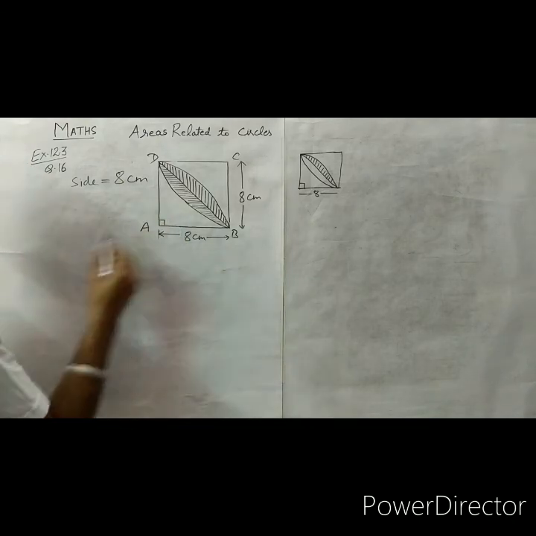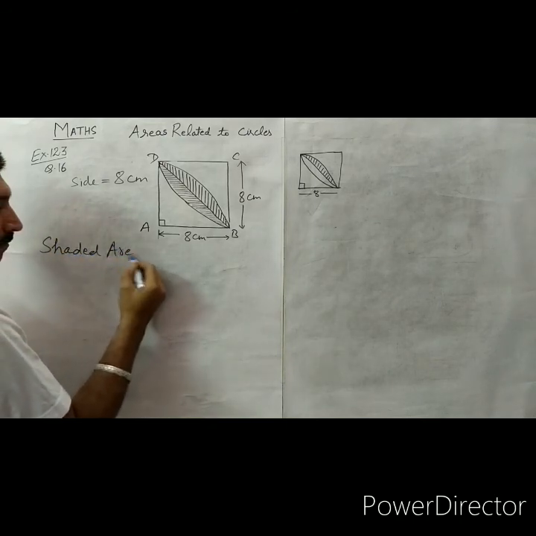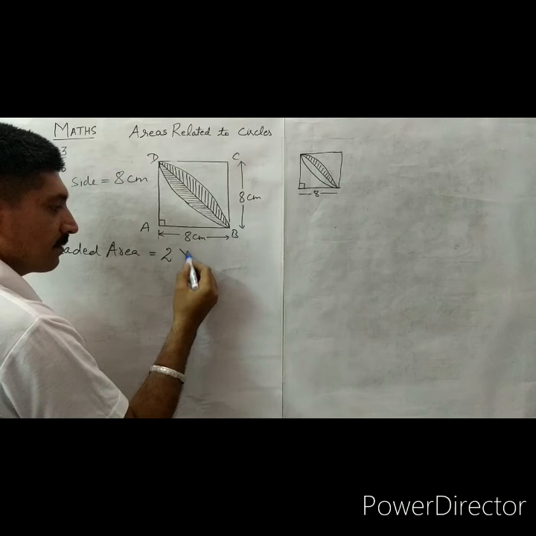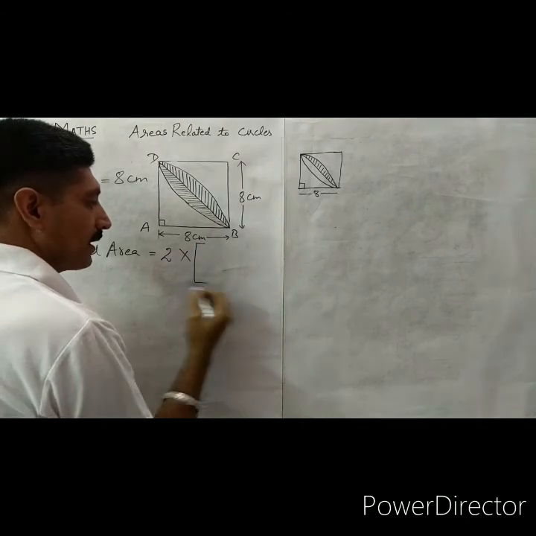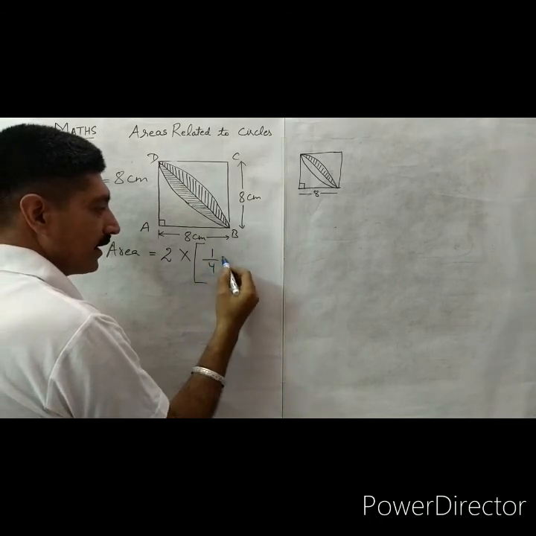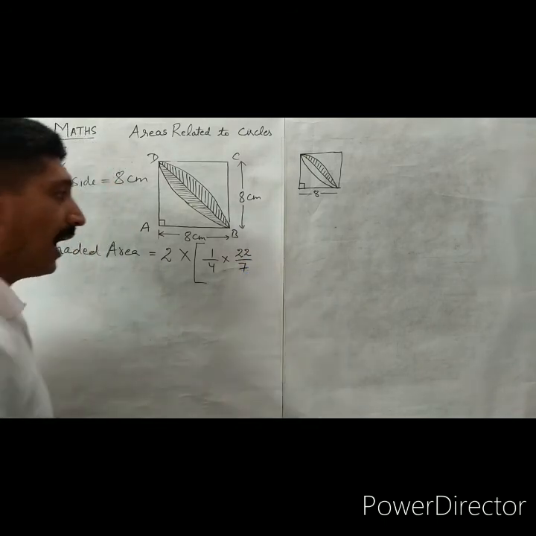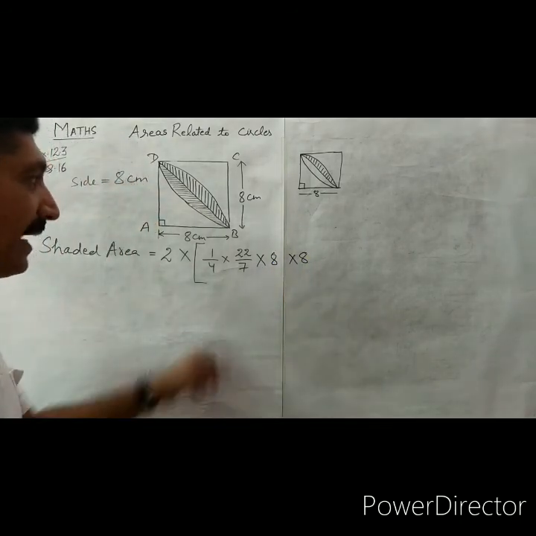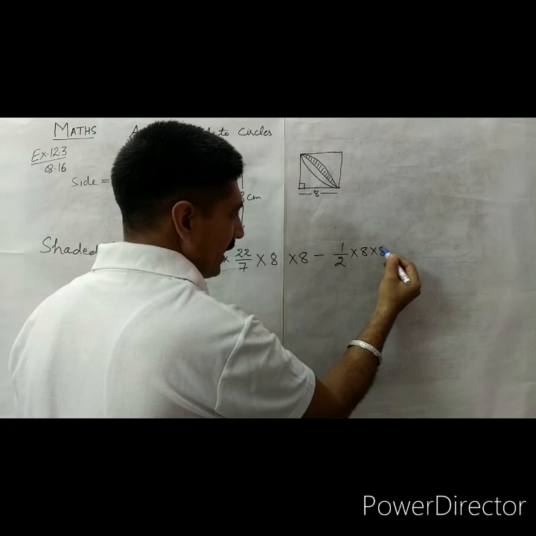So the required shaded area is equal to twice, because we have two such segments, and area of segment is equal to area of the quadrant, that is 1 by 4 into pi, that is 22 upon 7, r square, that is 8 into 8, minus the area of right triangle, that is 1 by 2 into 8 into 8.